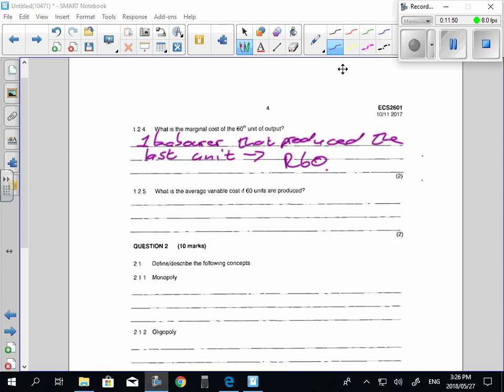All right, what is the average variable cost if 60 units are produced? Okay, so to calculate your average variable cost, it is equal to your total variable cost divided by quantity. Now we know that our total variable cost is the 20 laborers that we've hired multiplied by their price of labor, by their wage rate.